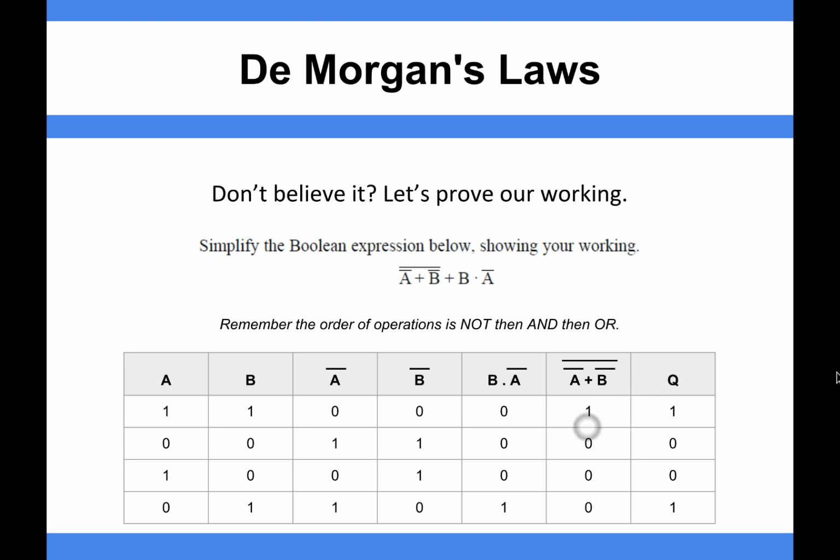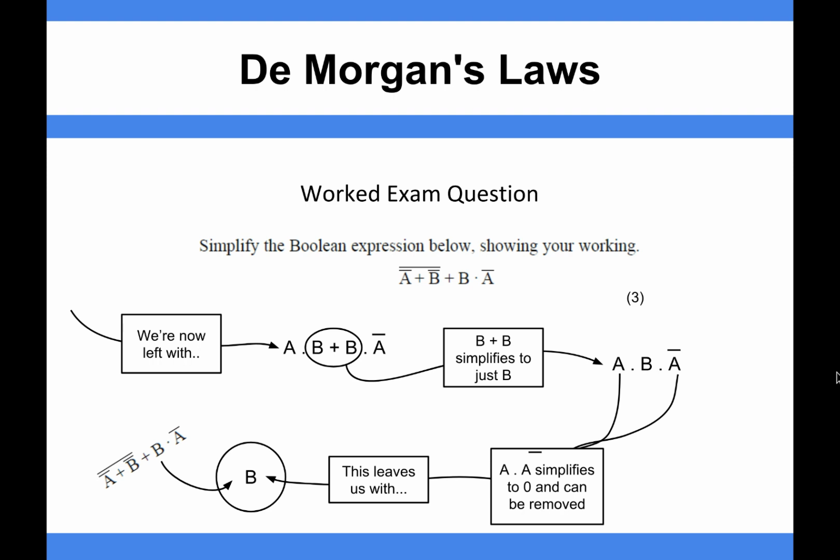So if either of those are a 1, Q is a 1. And you'll notice the Q column here is exactly the same as the B column here. I know usually I'd go 0, 0, 1, 0, 0, 1, 1, 1, but it doesn't matter, as long as I've got the 4 combinations. So you can see B is 1, 0, 0, 1, Q is 1, 0, 0, 1. So that does actually simplify it all the way down to B.